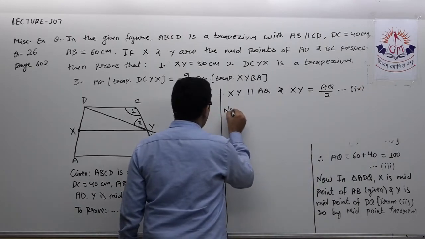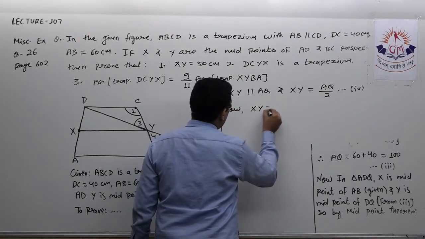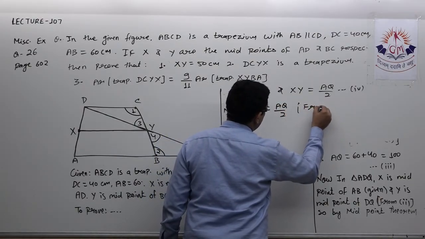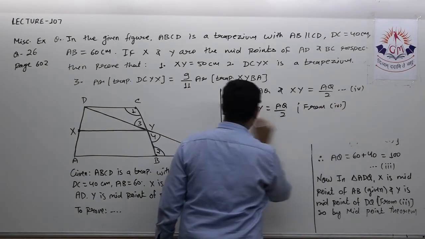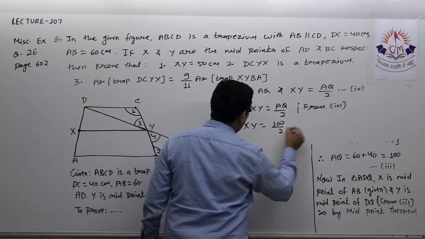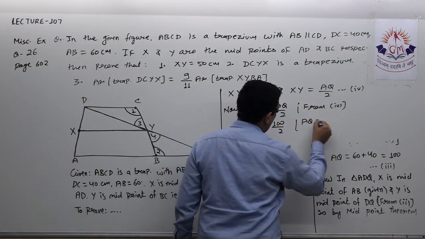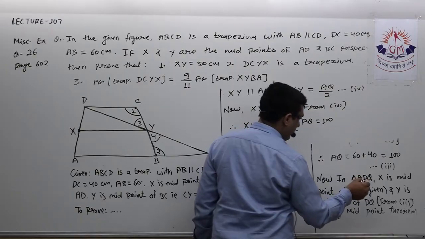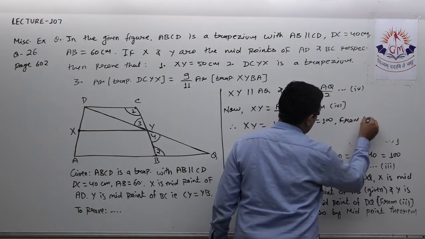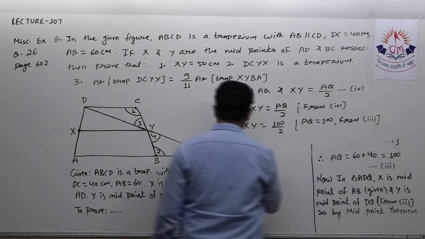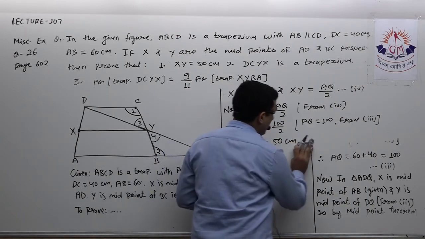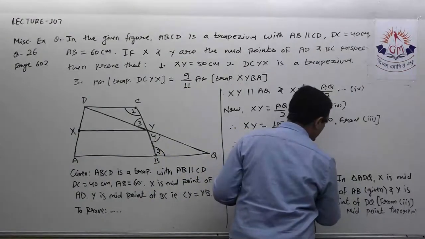Now XY is equal to AQ by 2 from 4th. Therefore, XY is equal to 100 by 2, as AQ is equal to 100 from 3rd. Therefore, XY is equal to 50 centimeter. So here I can say this is the first that I proved.